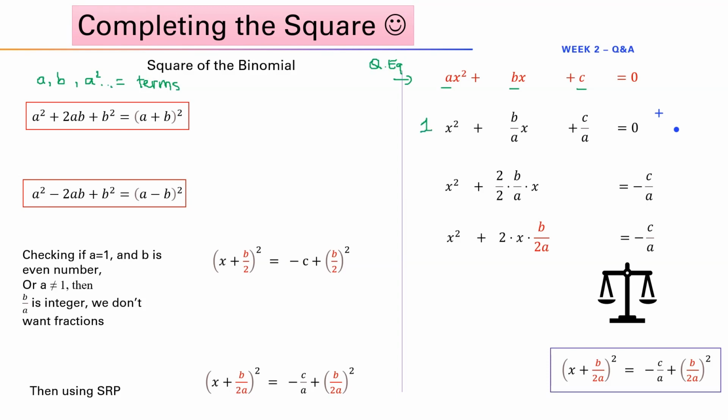So to make it equal 1, we have to divide by a on both sides of the equation. So that's why we have a divided by a equal 1, b divided by a is b over a, and then c divided by a. 0 divided by a is 0.